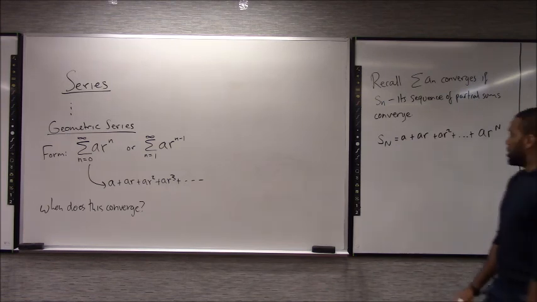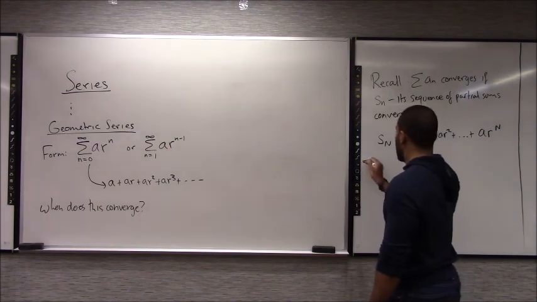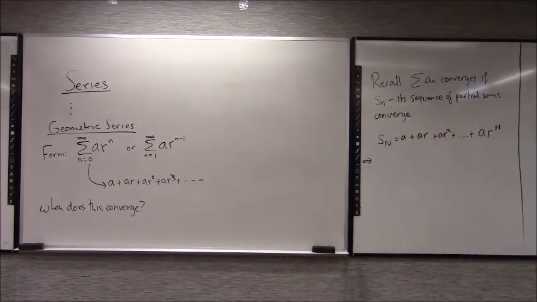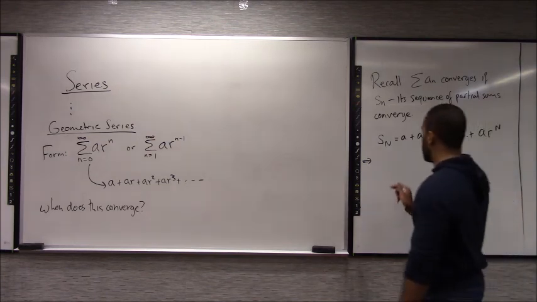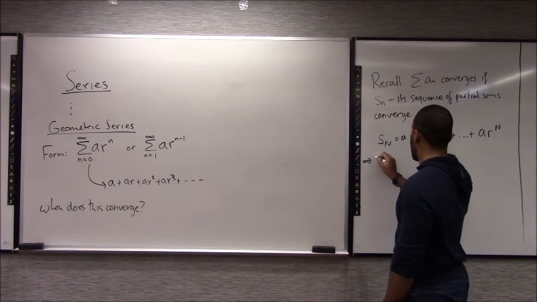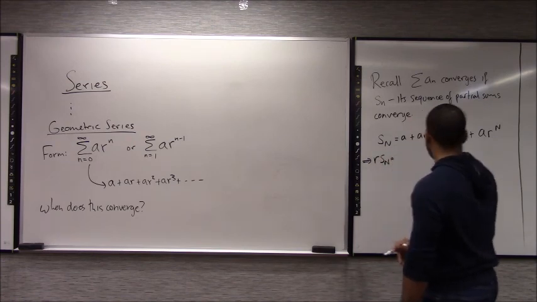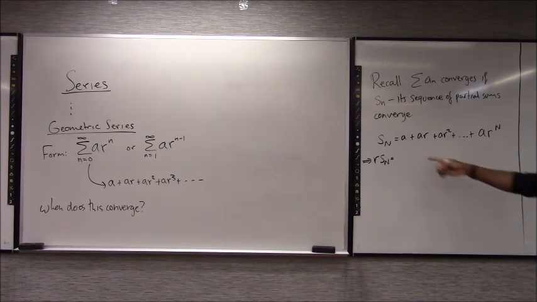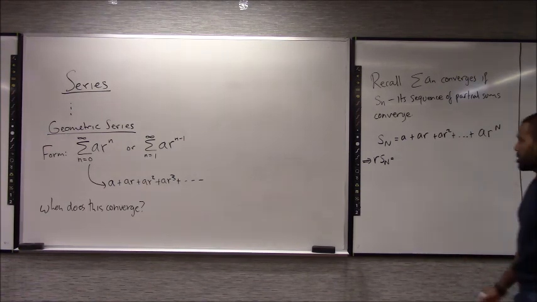Here's one trick that's going to allow us to figure out what this is. I'm going to take r times this, which is just a finite sum. I'm just taking the sum of the first n terms, well, technically n plus 1 terms, but whatever.